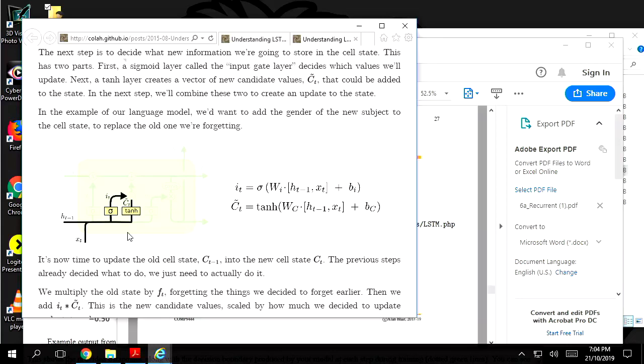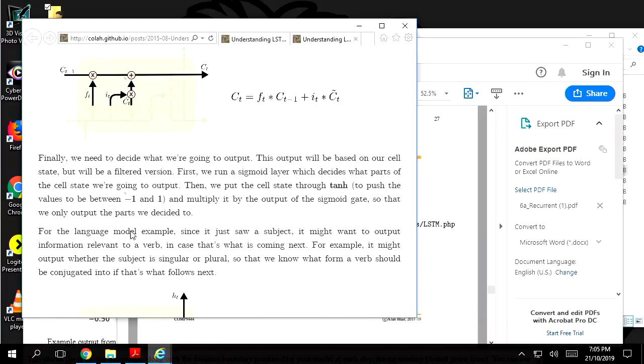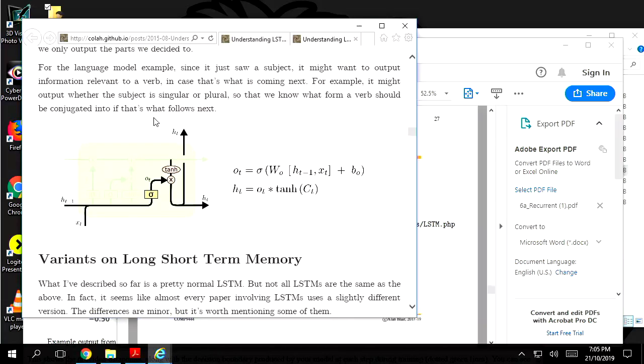So what's here is a linear combination of the previous context unit partially forgotten, plus the newly computed context masked by this incorporation gate. So this is the forgetting part, and this is the inclusion part.